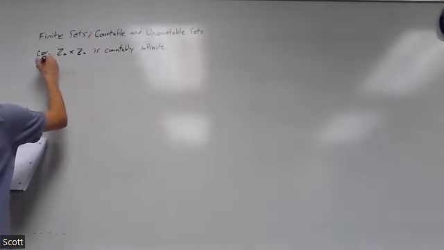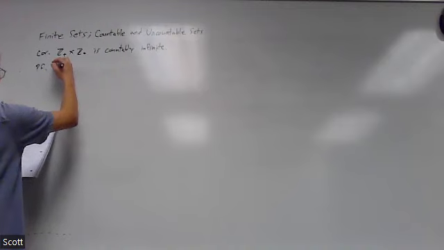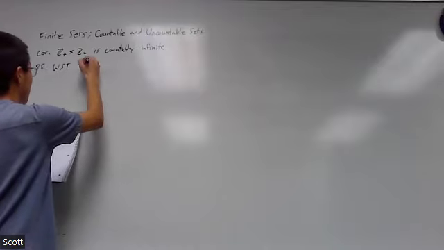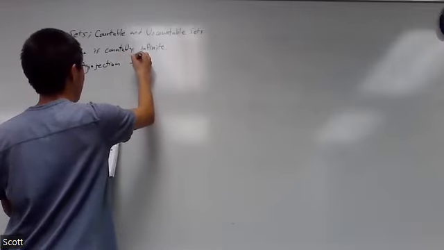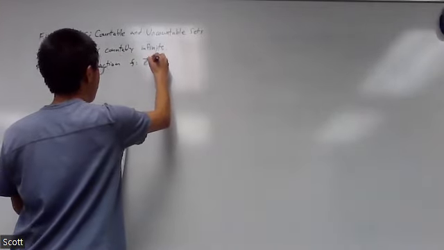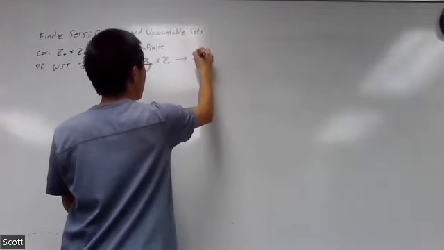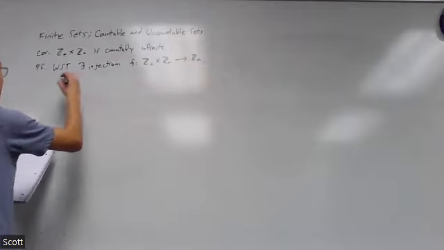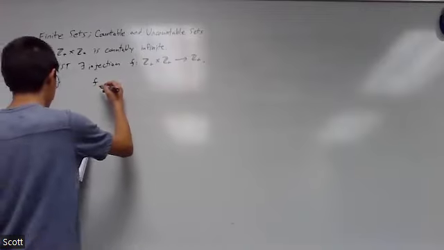So it will suffice, from that previous theorem, to show that there is an injection that takes the Cartesian product, which we're interested in, to the positive integers. And so what we can do is define the map to be f.